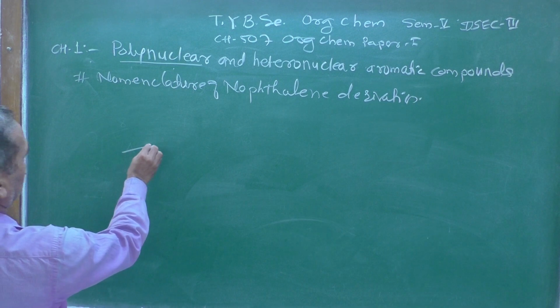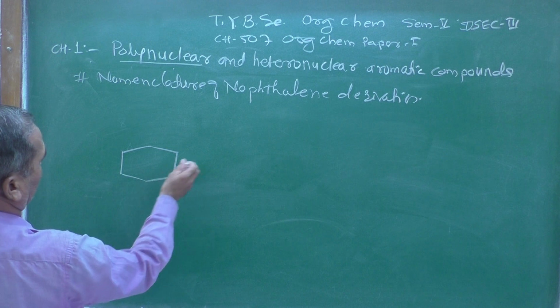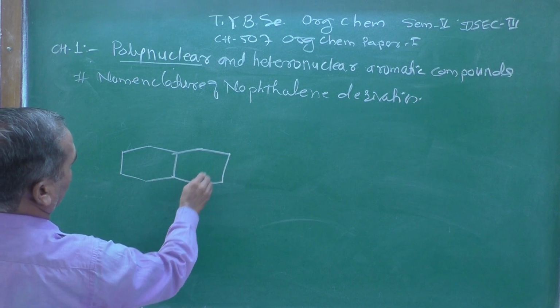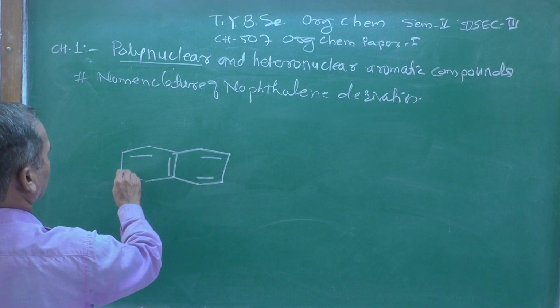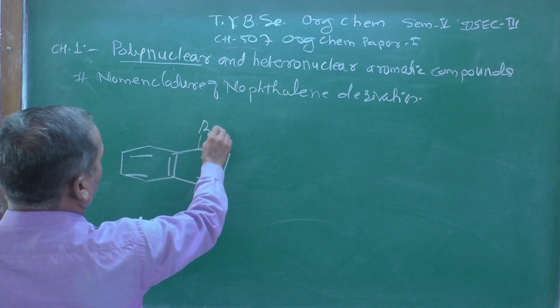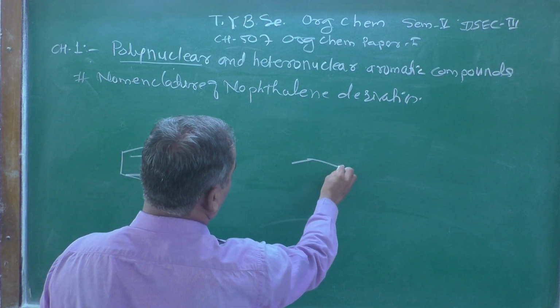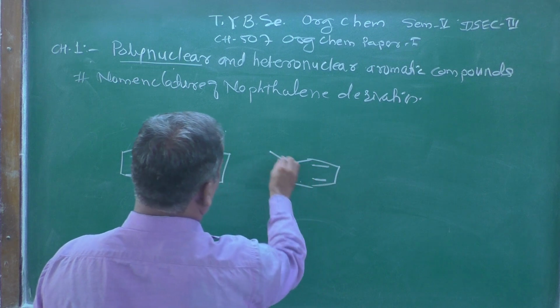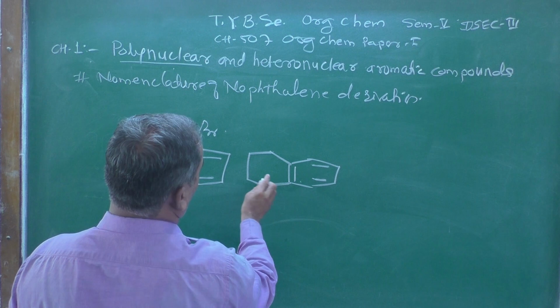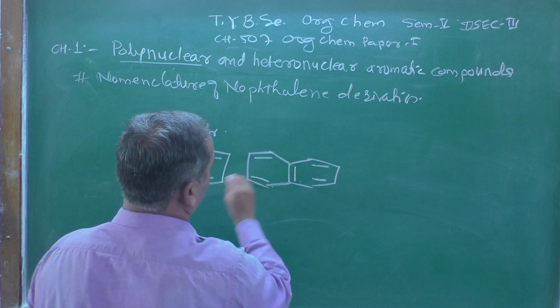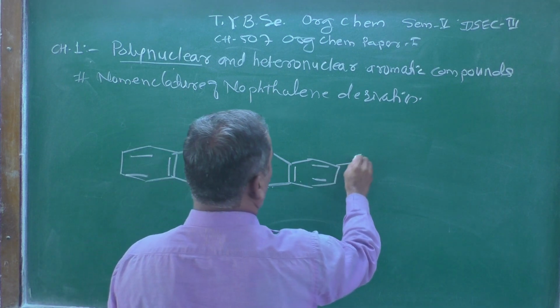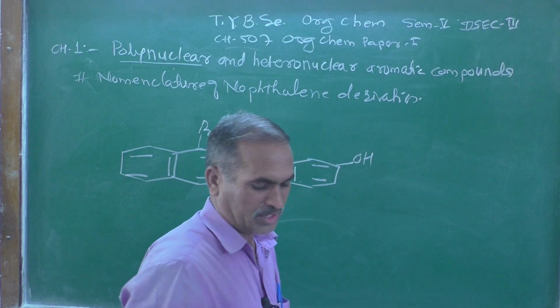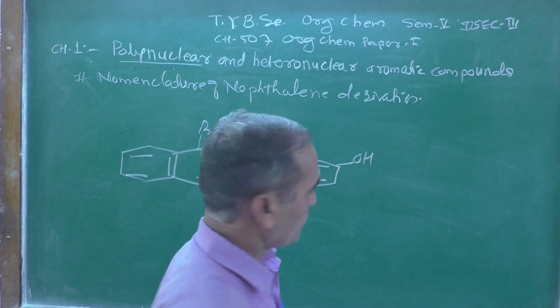Now let us see one of the structures which I have drawn here. One Br is here. Now I am showing another structure over here, so you can remember this is a structure where I am putting OH here.